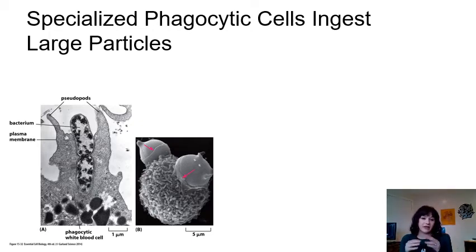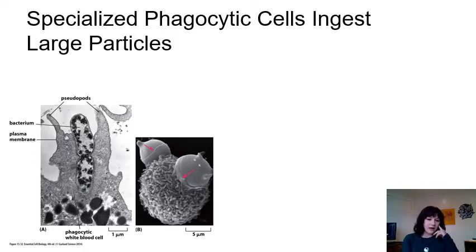Now that bacteria has a little membrane around it, and then it's going to be digested by the cell. On the right side in B, we have an example, a different perspective, looking at a cell that is phagocytosing another cell, and you can see it's a very thin layer of the cell that it's wrapping around the target, which is kind of creepy looking.